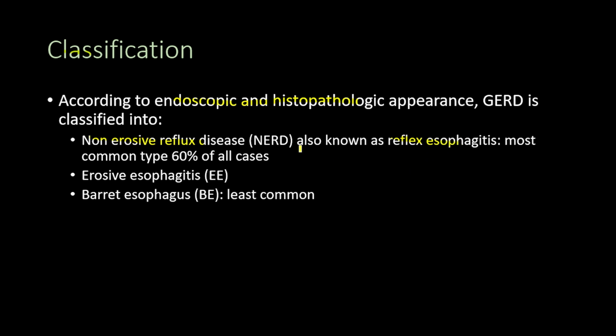And this is the most common type of gastroesophageal reflux disease, accounting for 60% of all cases. Now we also have the erosive esophagitis, and this is characterized by erosions and ulcer development inside the esophageal lining. And then we have the Barrett esophagus, which is the least common, and it is characterized by metaplastic changes.